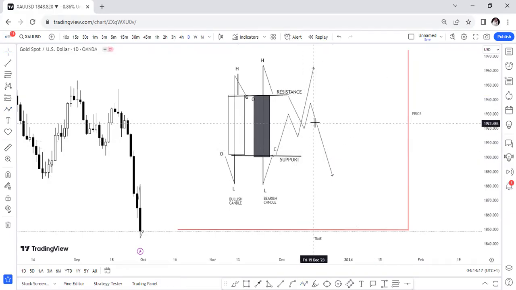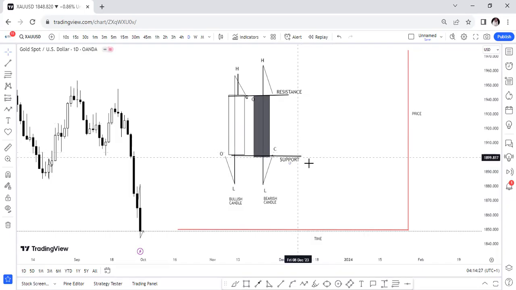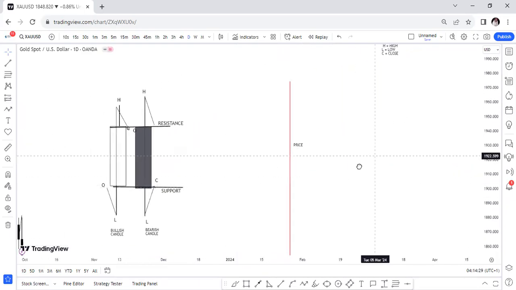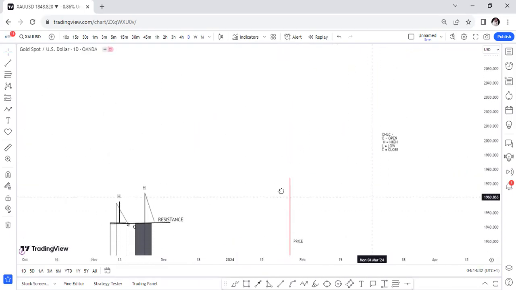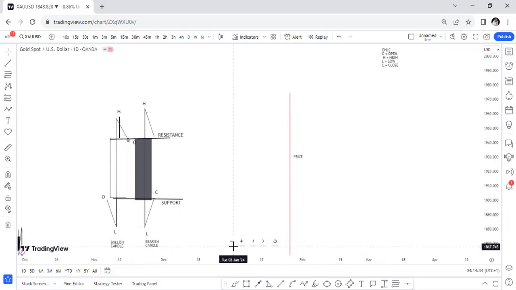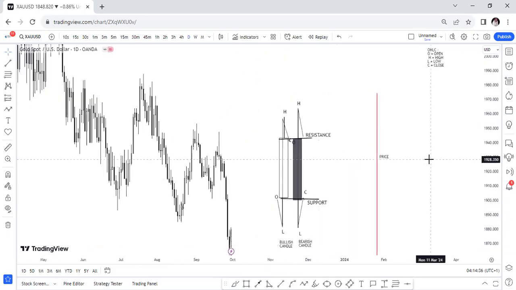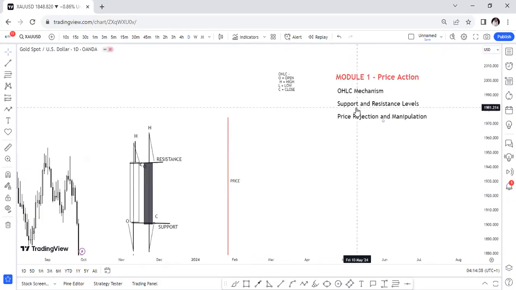To get that information now, I hope you've come to the understanding of support and resistance level now. So we have used this candlestick to explain what we mean by support and resistance level.